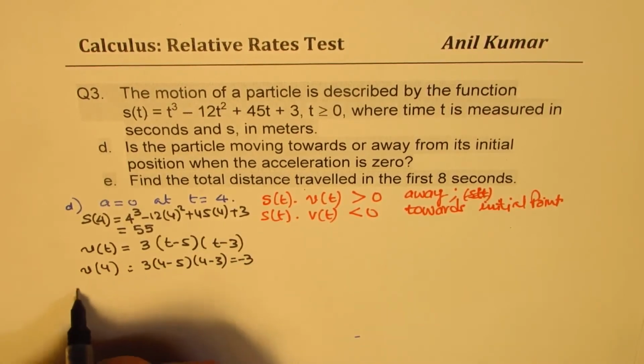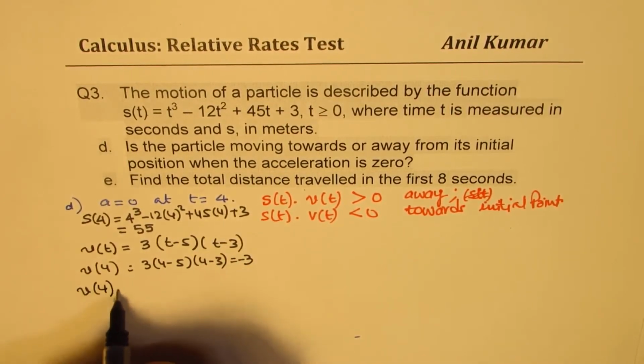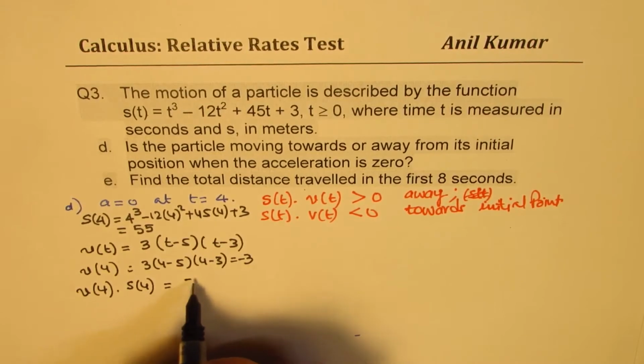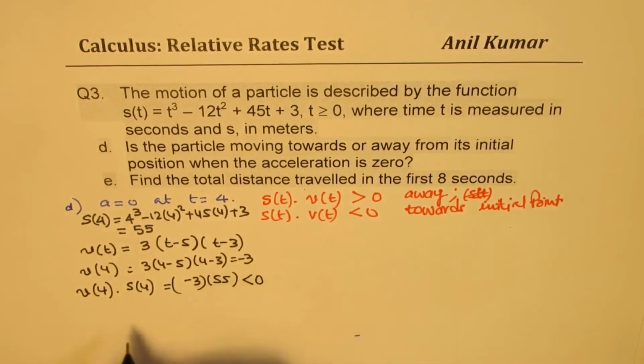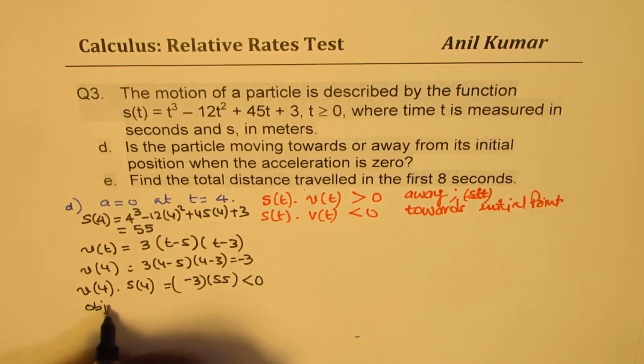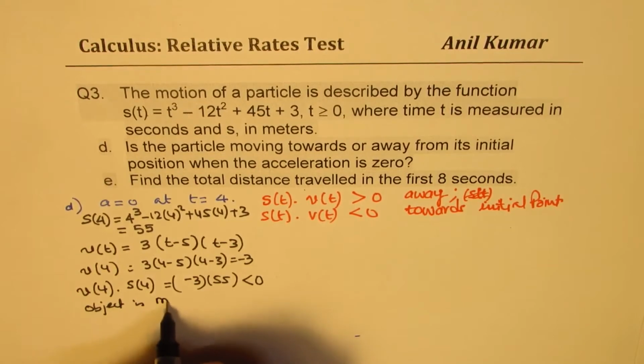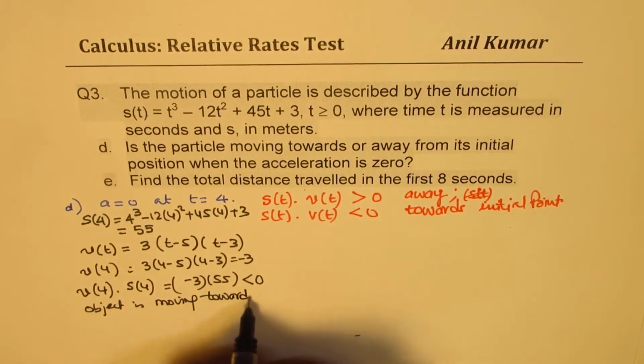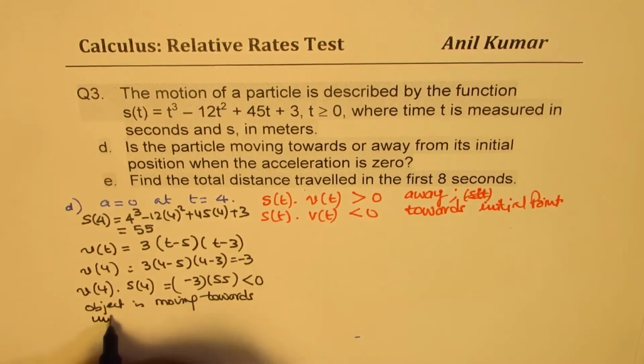As you can see, the product of velocity at 4 and displacement at 4 is basically minus 3 times 55, and this is less than 0, and therefore we can say the object is moving towards the initial point.